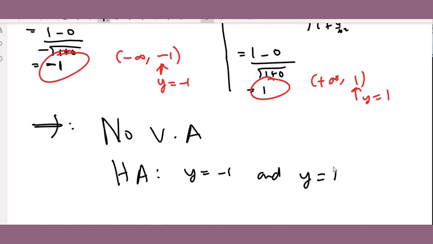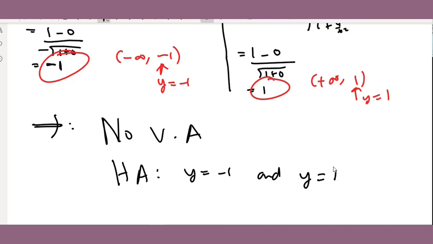For the domain, it is not always all real numbers. It depends on the given function. If the expression under the root is x squared plus something that cannot be factorized, you can consider the domain to be all real numbers.